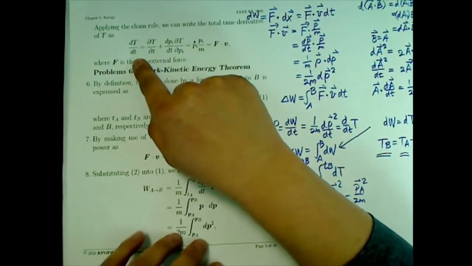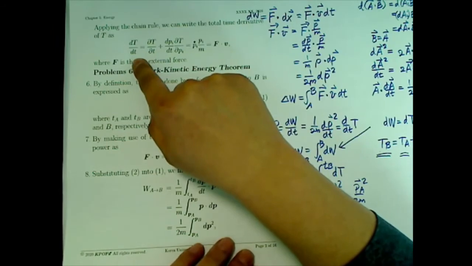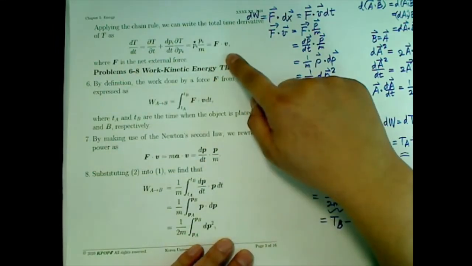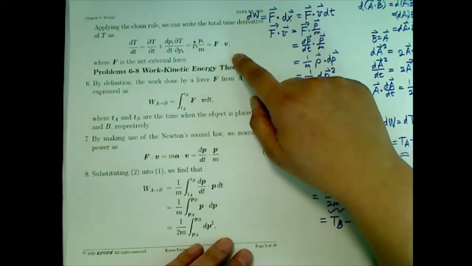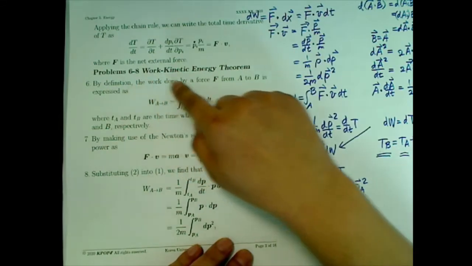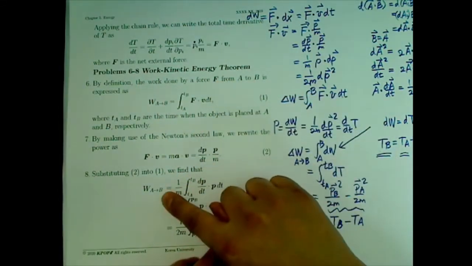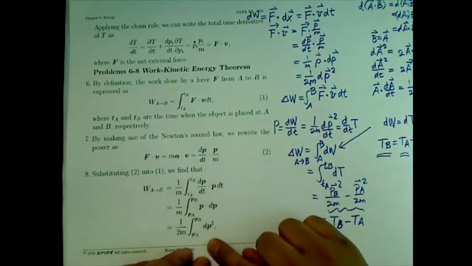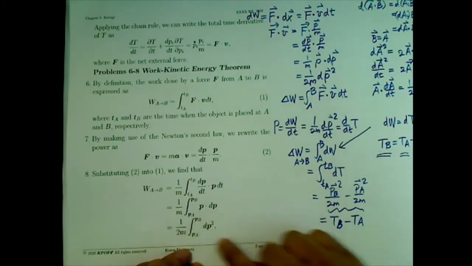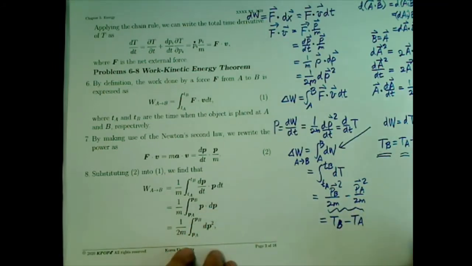As we have seen, the time derivative of kinetic energy is the power, and that directly derives the work-kinetic energy theorem, that work reveals the change of the kinetic energy.